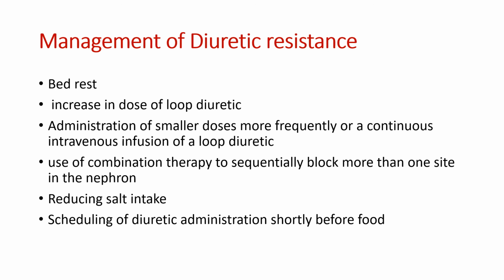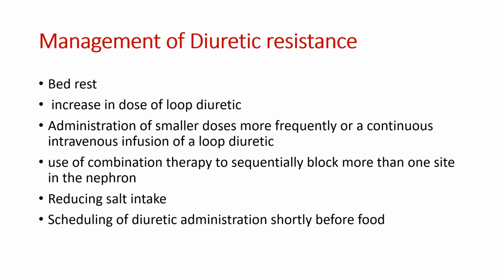And use of combination therapy to sequentially block more than one site in the nephron can be tried. For example, combining a loop diuretic with a potassium sparing diuretic, or a thiazide diuretic with a potassium sparing diuretic, and reducing the salt intake. So this will decrease the compensatory increase in sodium reabsorption post diuretic action. After the diuretic action subsides, there will be a compensatory increase in sodium reabsorption.